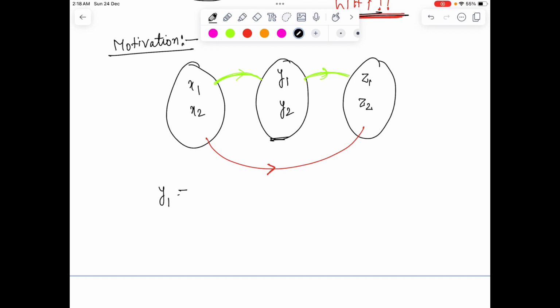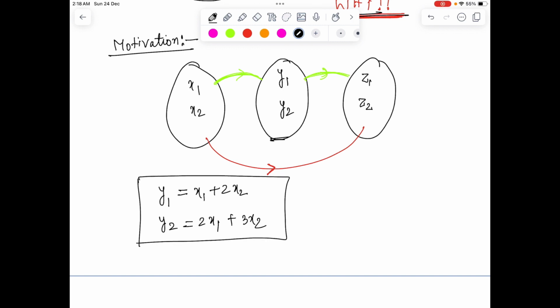For the sake of understanding, let's take y1 related with x1 and x2 as x1 plus 2x2. Of course, you are free to put any values as the coefficients. And y2 is linearly related, let's say, 2x1 plus 3x2. So given a value of x1, x2, we can find y1 and y2.